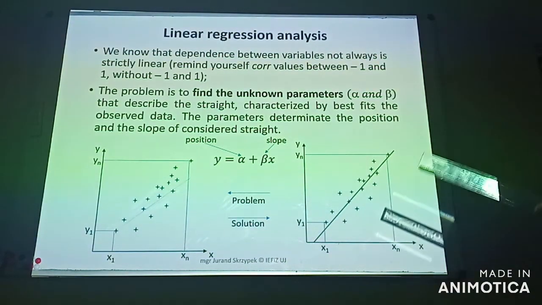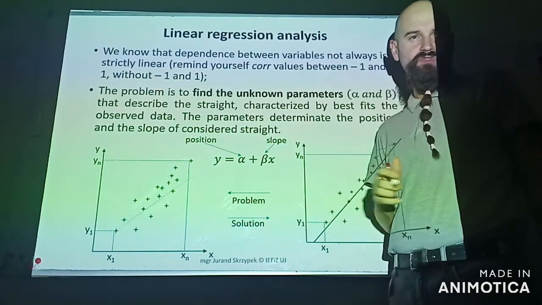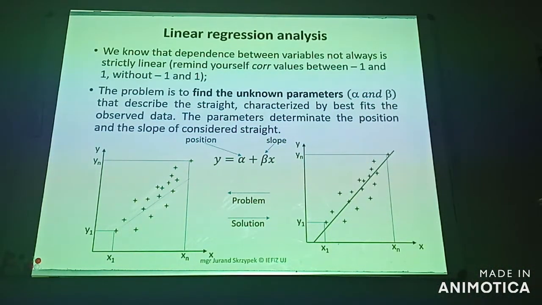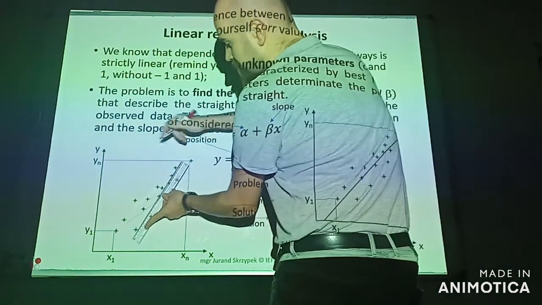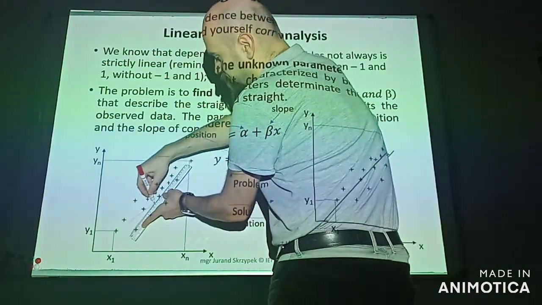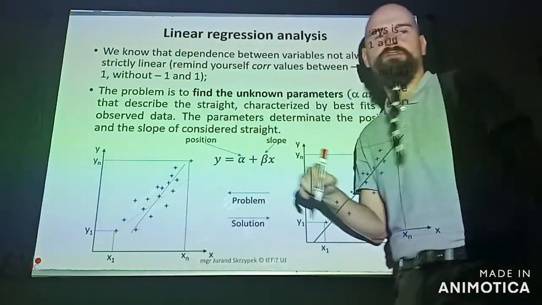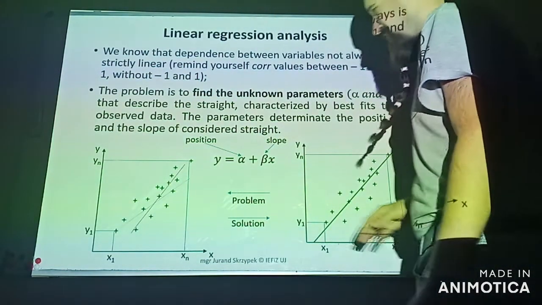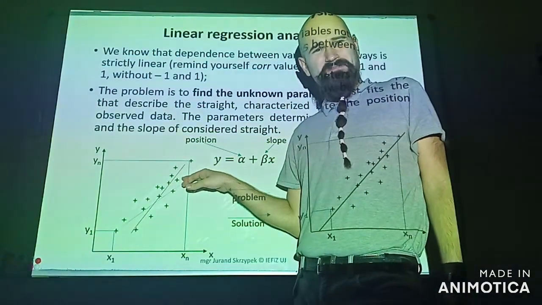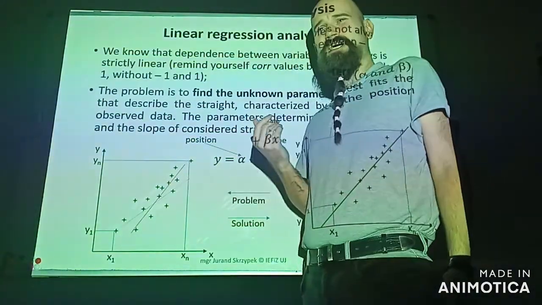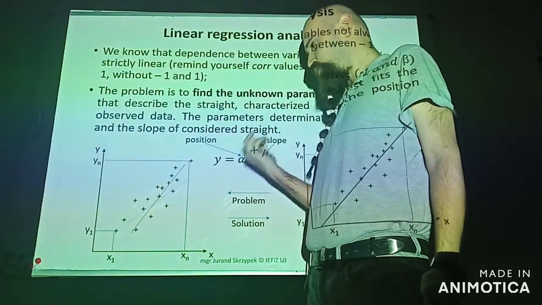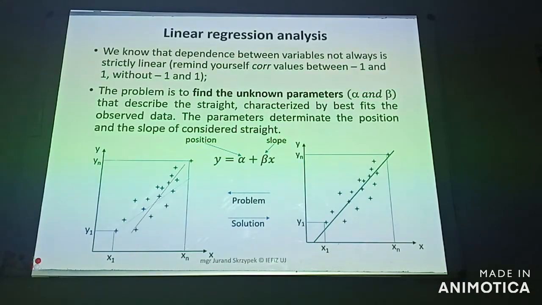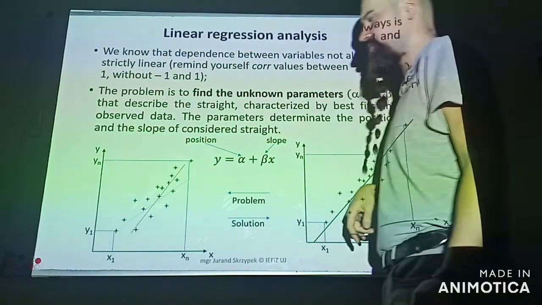Okay, but I can ask another draftsman to draw his own straight line, and this next draftsman will draw a straight line in that way. So it's not an objective criterion. I need an objective tool which will help me in finding alpha and beta parameters.